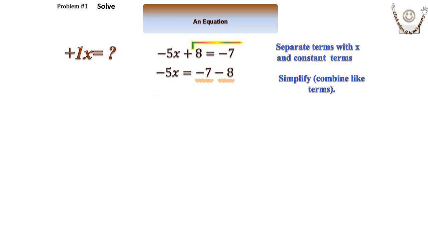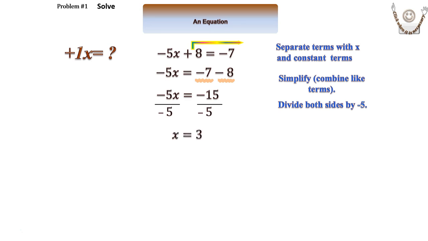So it will be negative 15. And after that, we have to divide by negative 5 because we are looking for positive 1x. Negative divided by negative will give us positive. And 5 over 5 is 1. So x is just 3 because negative 15 divided by negative 5 gives us positive 3.